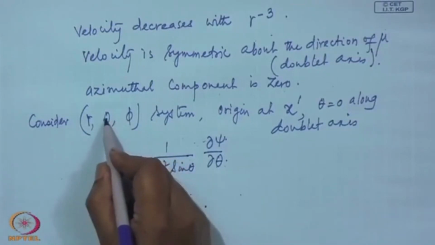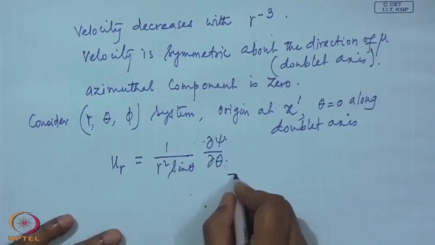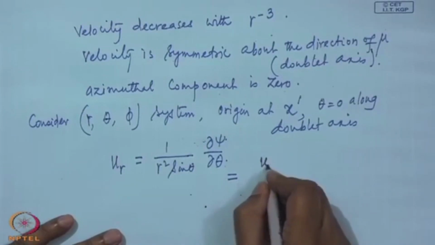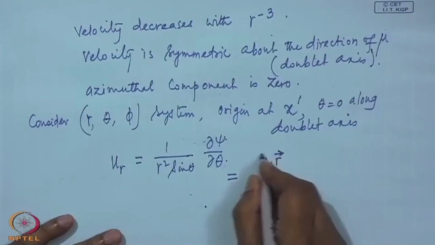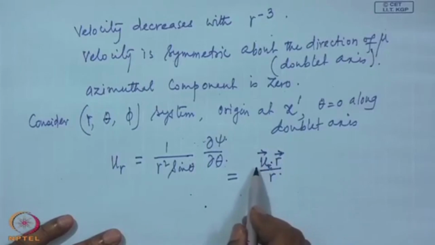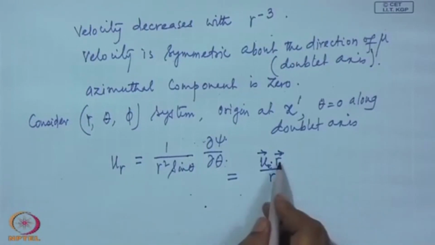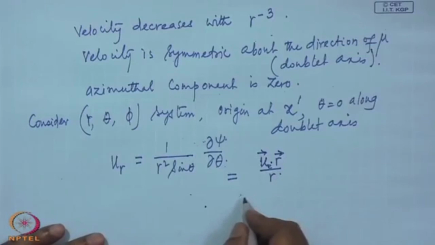So, in this coordinate system this is what it is, and how can we get u r? u r we can easily obtain as u dot r by r. This u we already have the expression for: 1 by 4 pi, minus mu by r cube plus 3 mu dot r by r to the power 5 r. So, take a dot product with r and tell me how much this is.